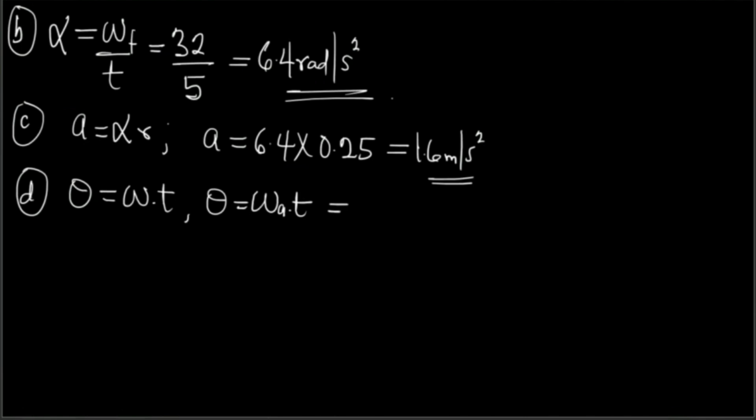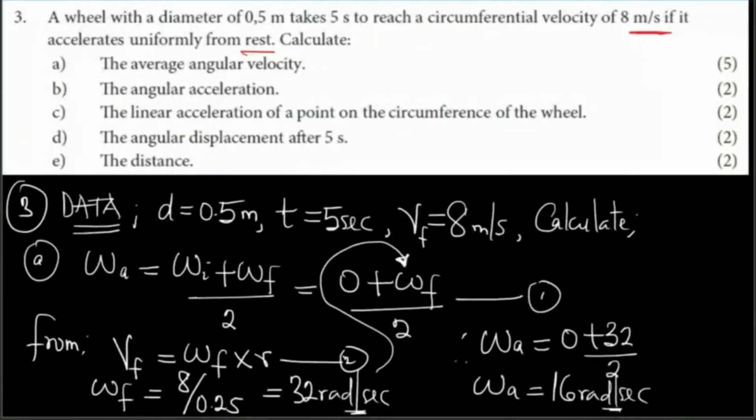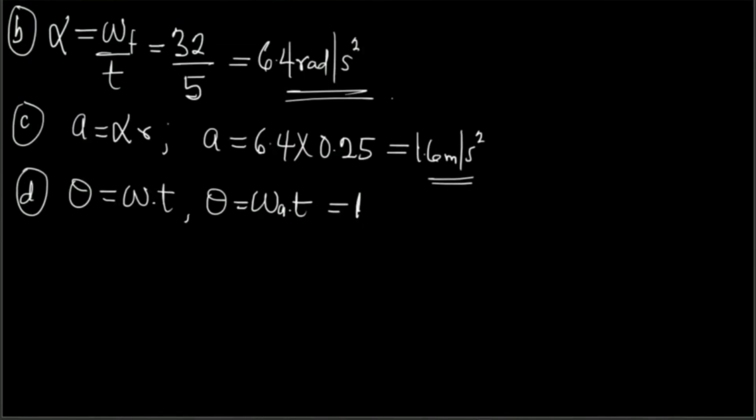We determined the average to be 16. So it's going to be 16 multiplied by the time, which is 5. 16 multiplied by 5 gives you 80 radians.